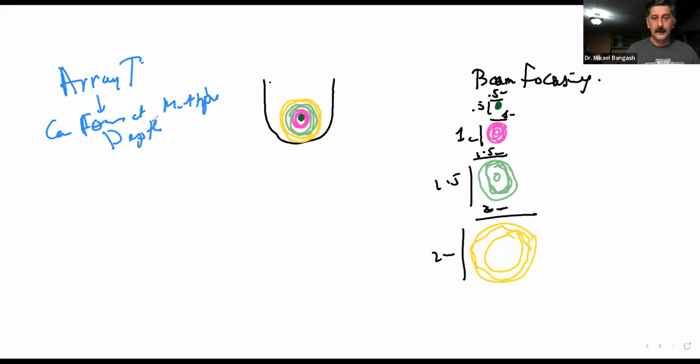The mechanism by which this works is that the diameter of the PCT is directly proportional to the focal depth.